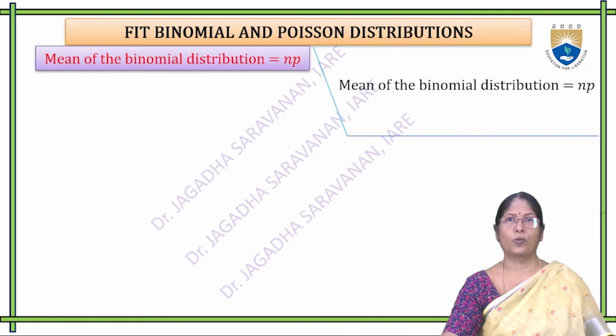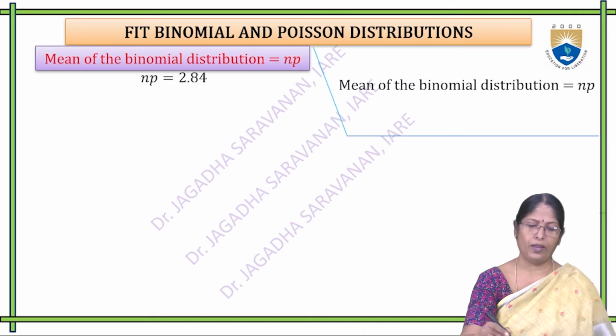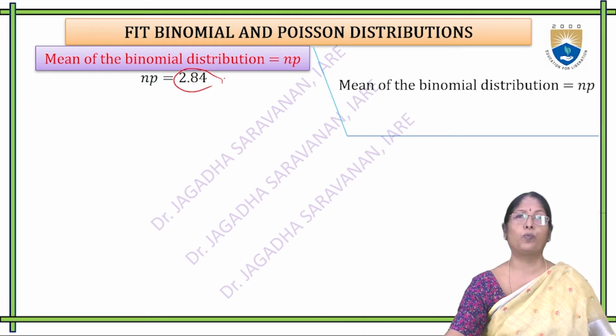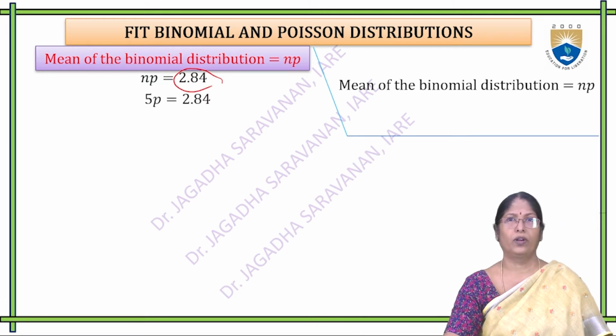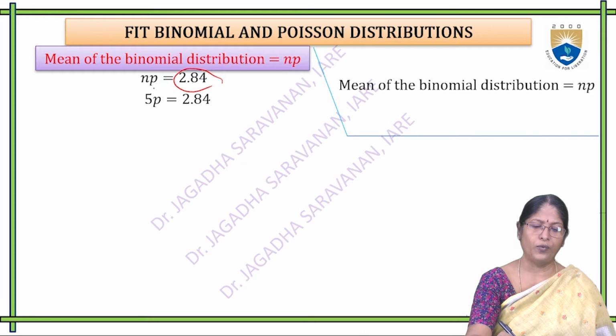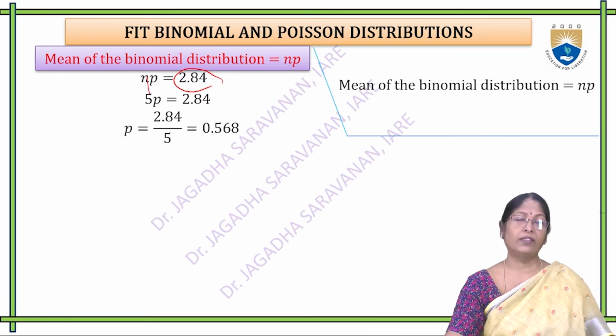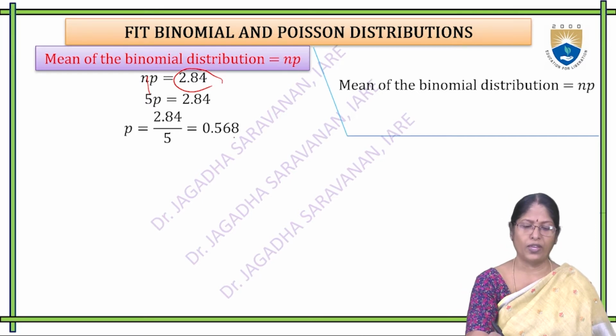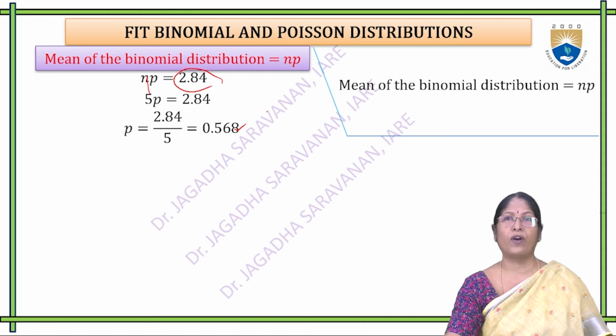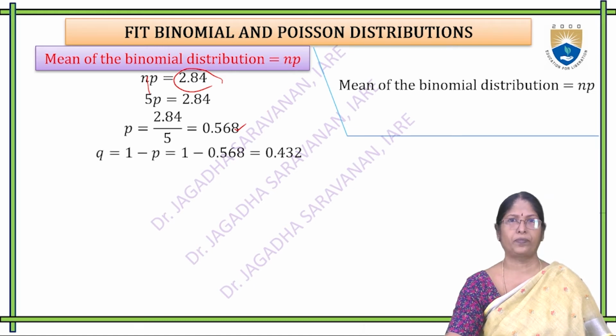So this is the formula. Now NP is 2.84, and n is 5. So P is nothing but 2.84 divided by 5, which equals 0.568.